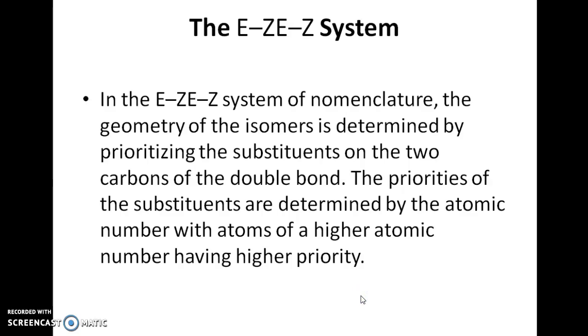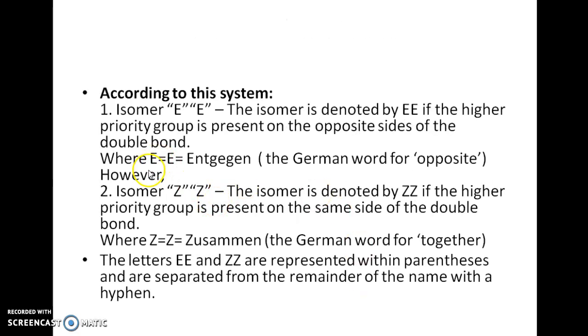In the EZ system of nomenclature, the geometry of the isomers is determined by prioritizing the substituents on the two carbons of the double bond. The priorities of the substituents are determined by atomic number, with atoms of higher atomic number having higher priority. The isomer is denoted E if the higher priority groups are on opposite sides of the double bond.